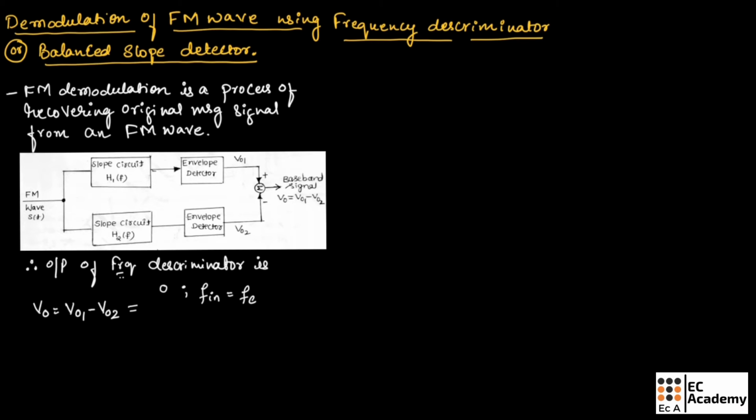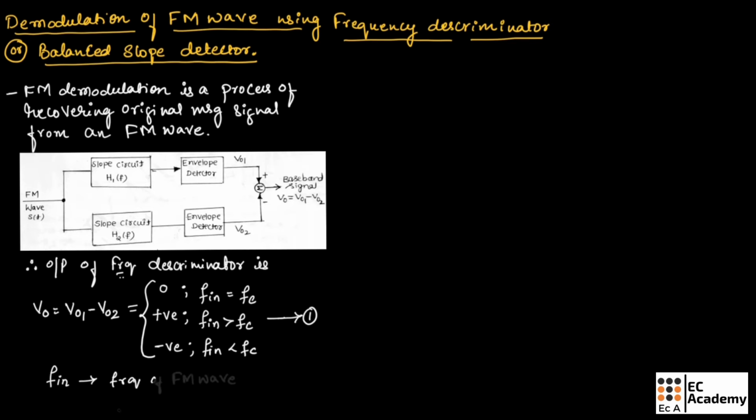Fin is the frequency of the FM wave and Fc is the frequency of the carrier wave. It will be a positive voltage if Fin is greater than Fc, and a negative voltage if Fin is less than Fc. Let us take this as equation number 1. Here Fin is the frequency of FM wave and Fc is the carrier frequency.